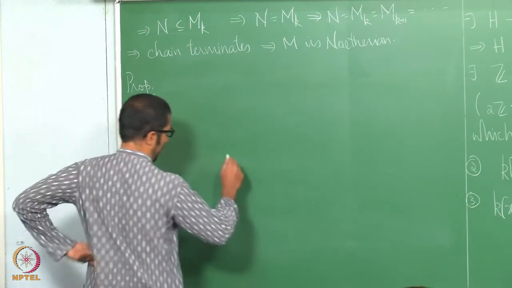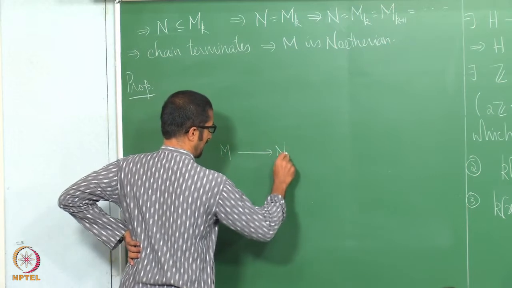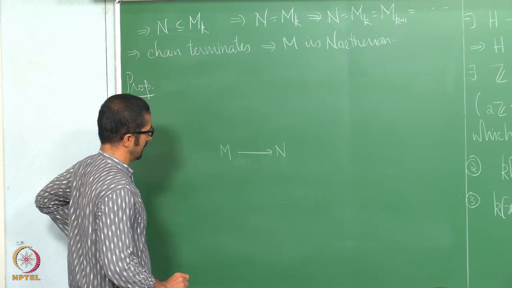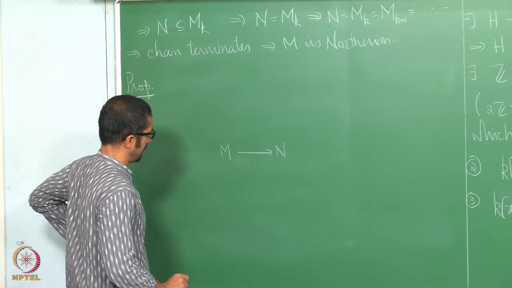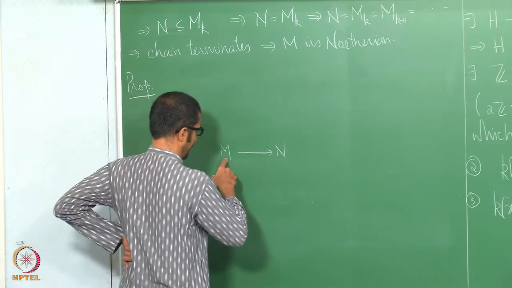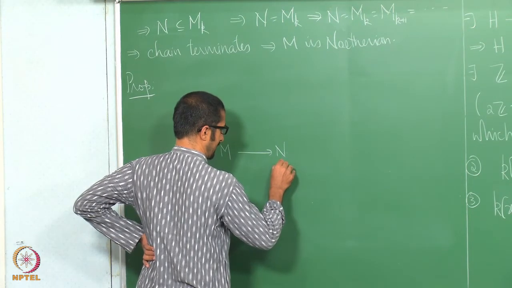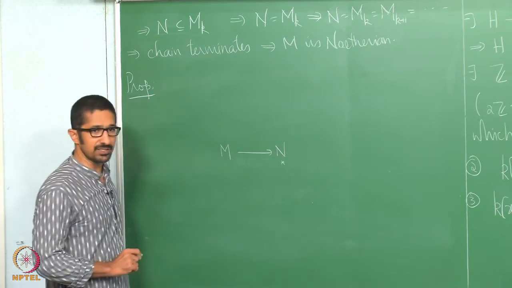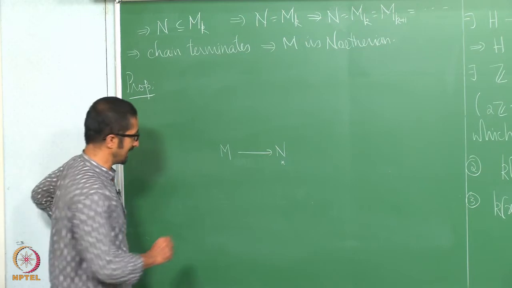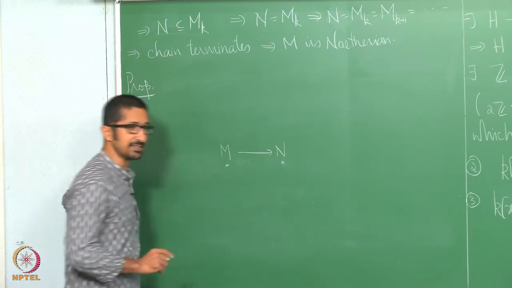Now suppose I have a module M and a module N. If I have a strictly increasing chain which never terminates here, that will give me a strictly increasing chain which never terminates here.